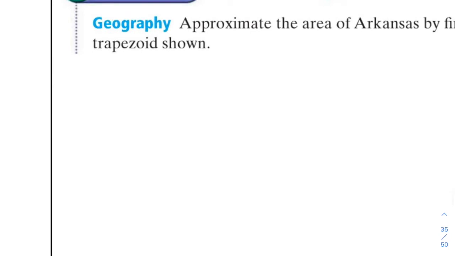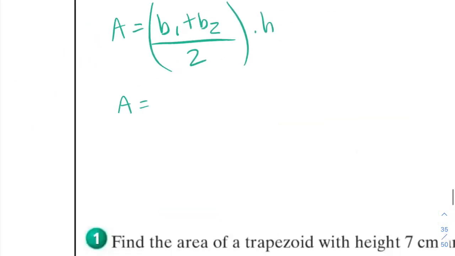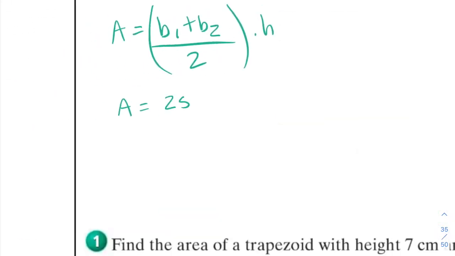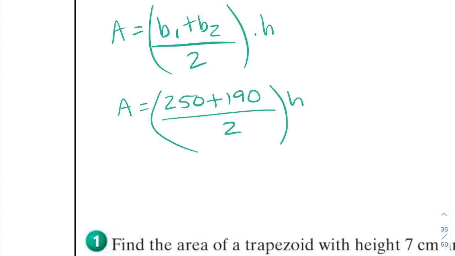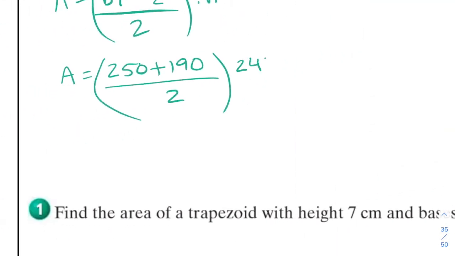So area here is going to be b1 plus b2 over 2 times my height. So area equals 250 plus 190 miles over 2 times height, which is 242 miles.